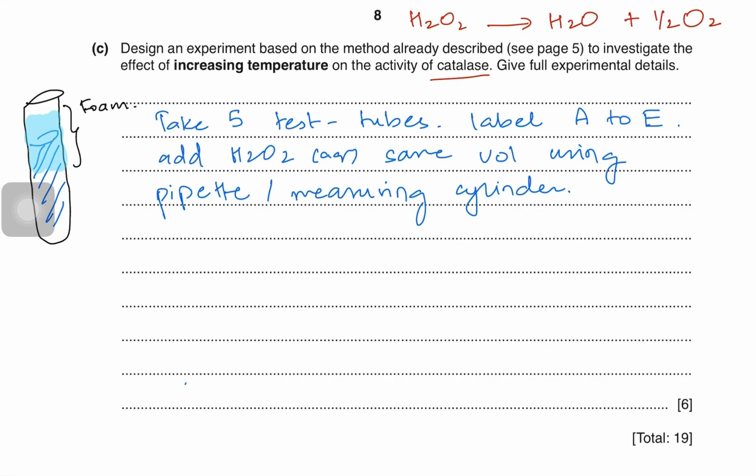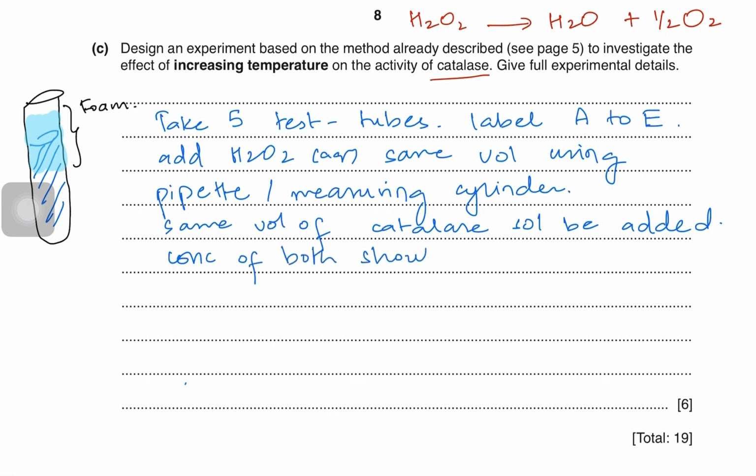It's not concerned about the volume of hydrogen peroxide, so same should be there. You can also mention same volume of catalase solution be added. Then mention that concentration of both should be same, because concentration is also very vital here. So concentration should be same in each test tube.